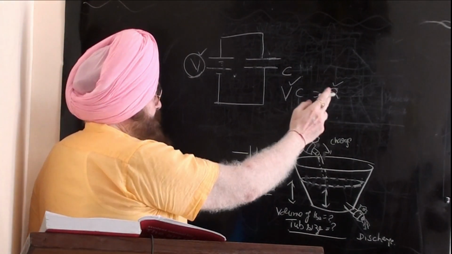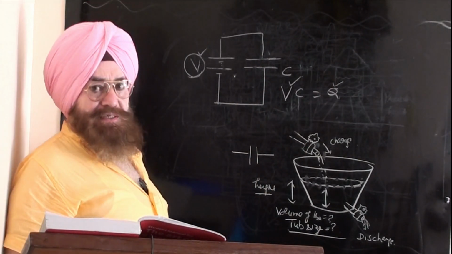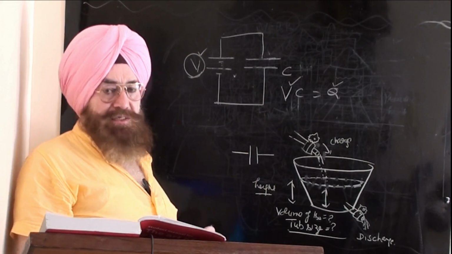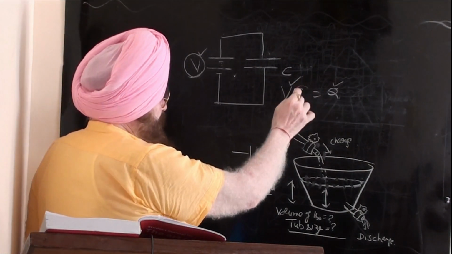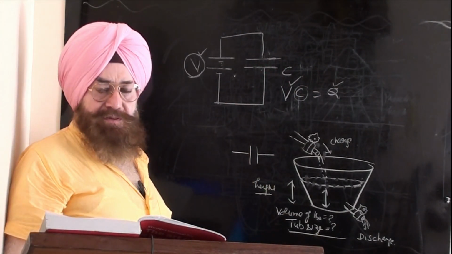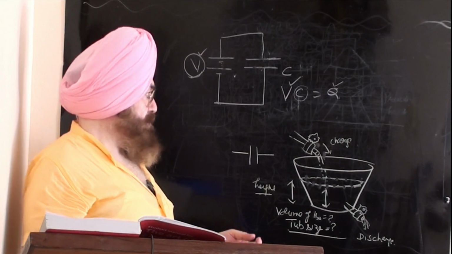The charge on the plate also depends on the strength of the capacitor, meaning its capacitance. High capacitance means more charge that it can store.